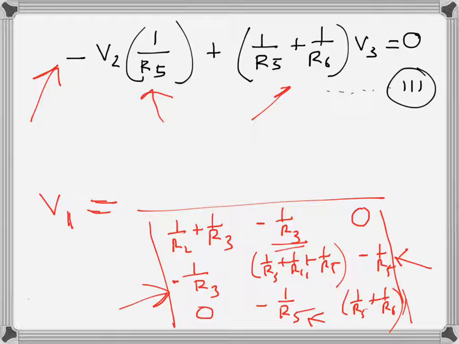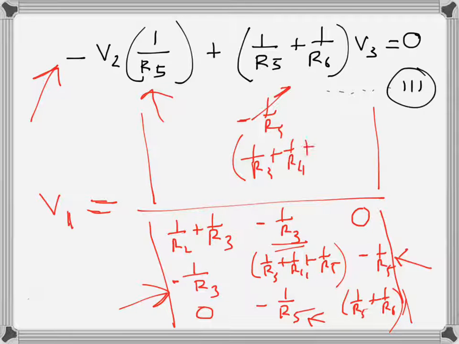So we have this thing in the denominator, and the numerator, since we are trying to find V1, the second column and the third column will remain the same, like the denominator, but the first column will be just the right hand side.